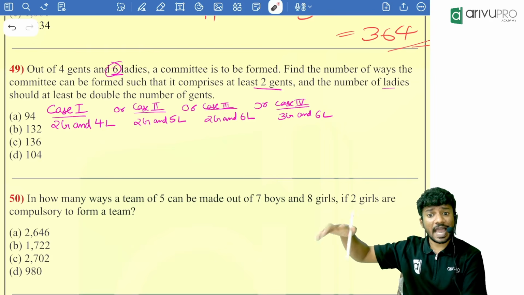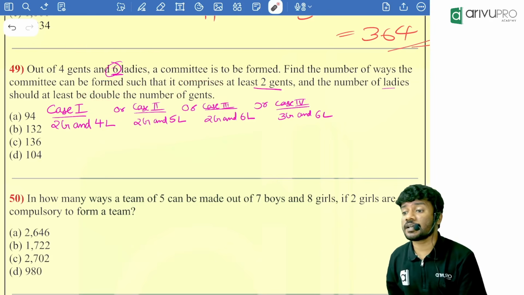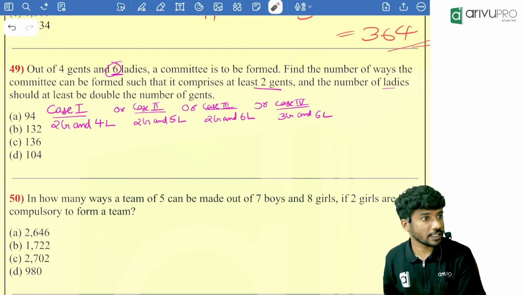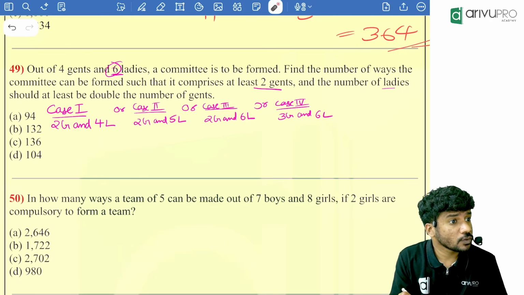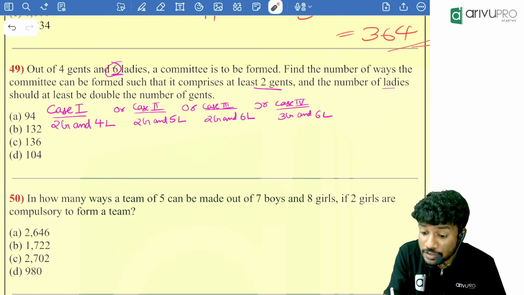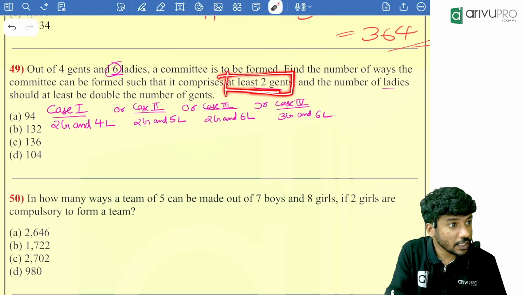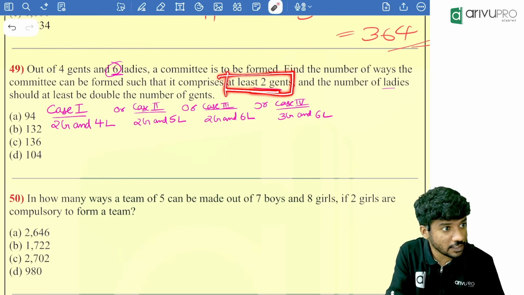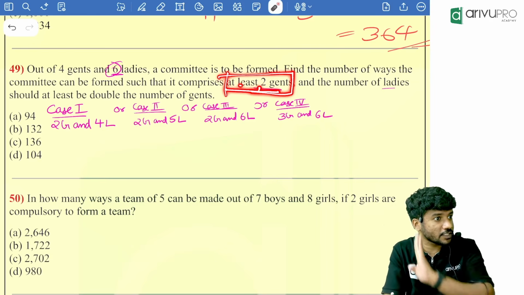And at least double the number of gents should be there with respect to the ladies. At least two means what? Two or more. At least two means two gents are possible, three gents are possible, four gents are possible.